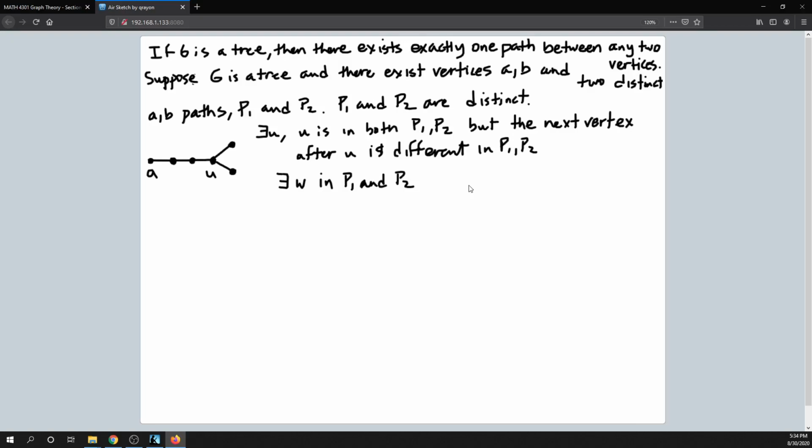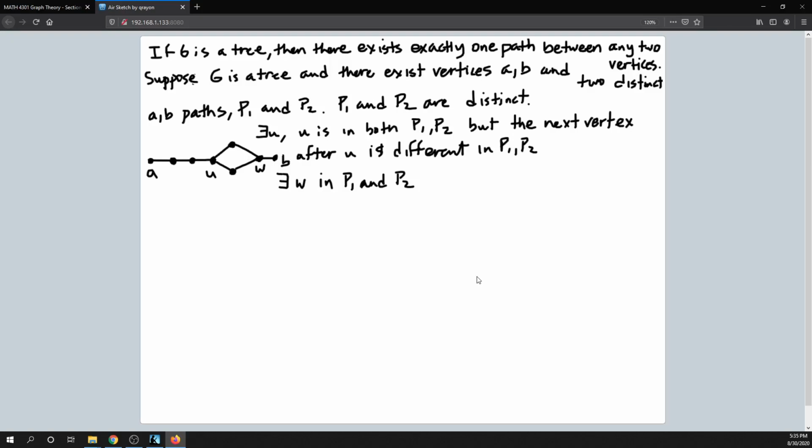Draw B right here; we know that these paths have to both meet at B. So I'm going to follow, say, path 1, and somewhere along path 1, there's going to be some vertex after U where the paths come back together again. The first vertex where it comes back together after they split apart, I'm going to call W. It's going to look something like that, although there may be a lot more vertices between U and W on both P1 and P2.